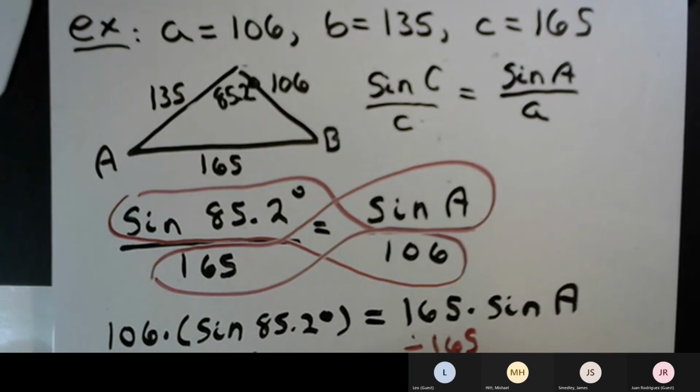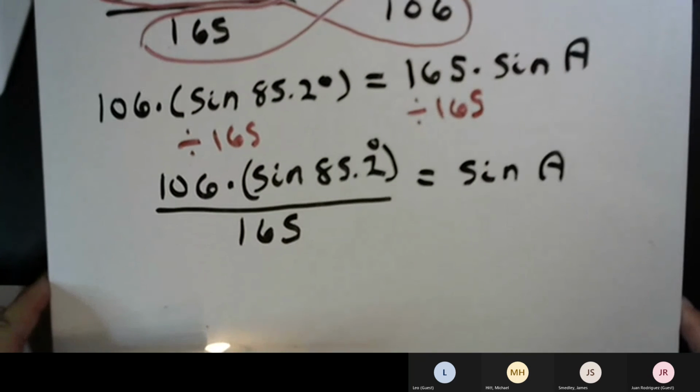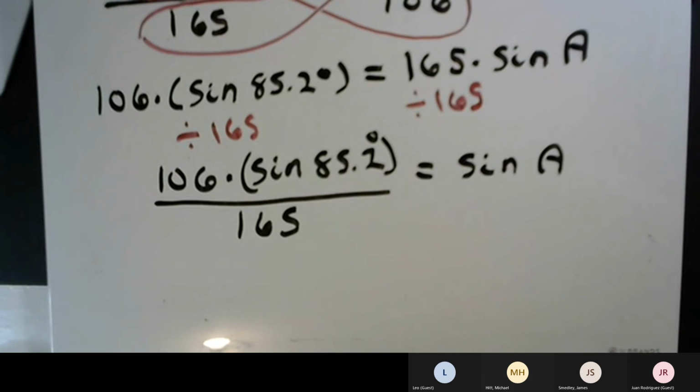So we get 106 times sine of 85.2 degrees over 165. That's the sine of A. That's what we get when we divide.